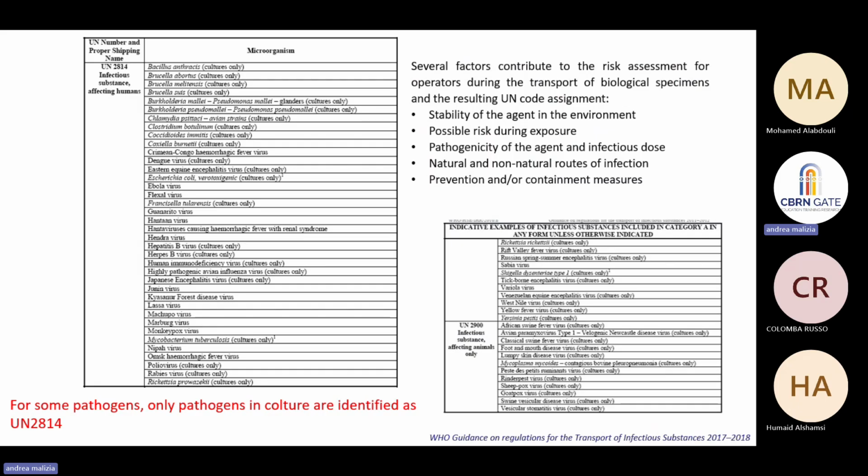When producing culture, you produce a virus, you must consider it a high pathogen, dangerous, and therefore category A and UN 2814. And you write it outside the third bag when there is the transportation.